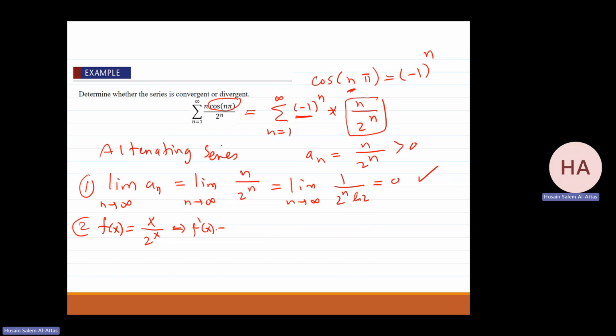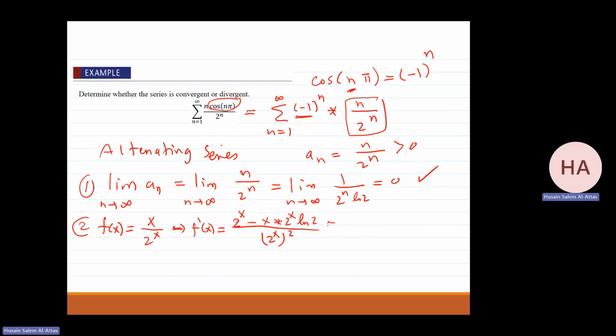F prime of x will be equal to the derivative of the numerator, 1, times the denominator, minus x times 2 to the power x ln 2, over 2 to the power x squared.